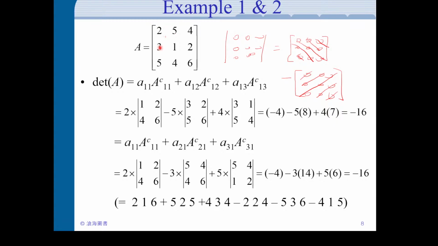And also just a reminder from high school: if we expand out everything, you see that these are 3 terms minus 3 terms. This is the formula you probably learned for a 3 by 3 matrix in high school.